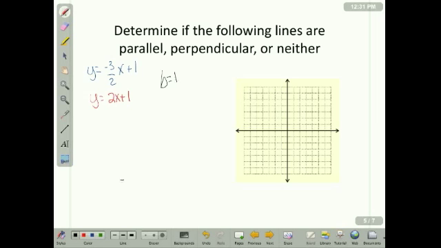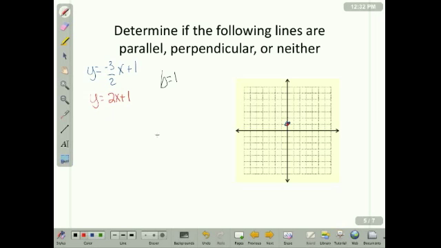So I can plot these points together. There's my b for my blue line, and here's the y-intercept for the red. Now, because these slopes are different, we know that they're going to have different angles, and they're going to run in different directions because this is a negative and this is a positive.